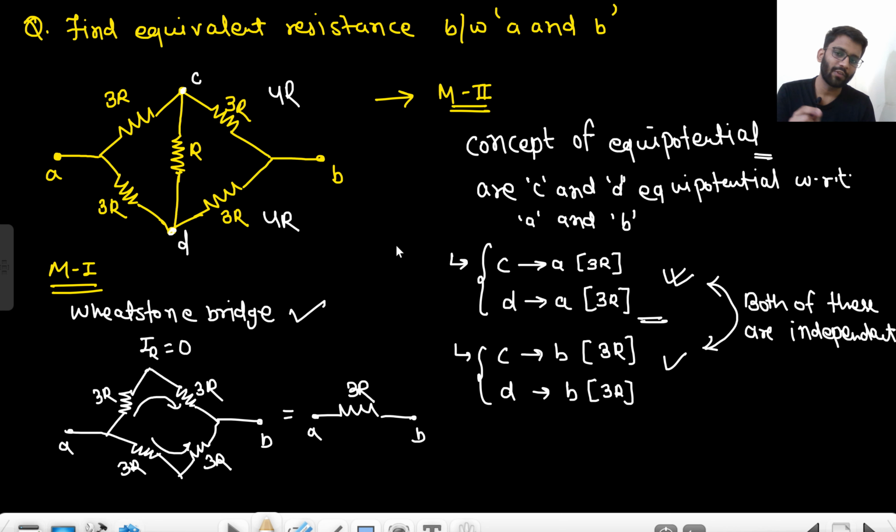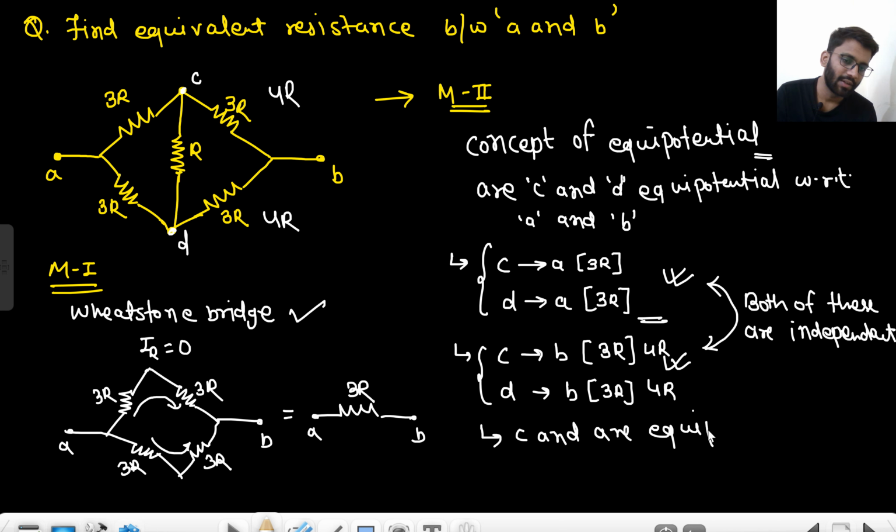So C going to B goes through 4R, and D going to B also goes through 4R. So both of these works are the same now. Whatever work C is doing, the same work D is doing. So this complete box is doing the same work. That shows that C and D are equipotential. Are you getting this point?